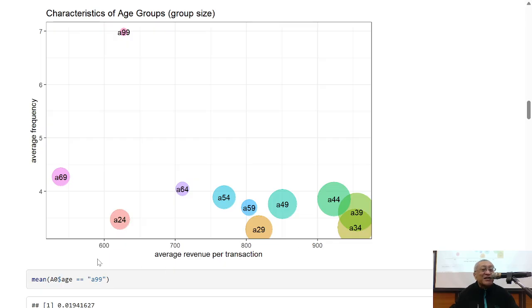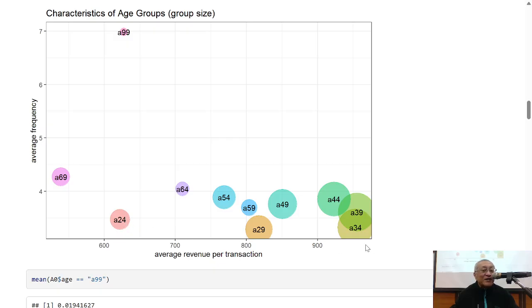And the X coordinate is the average revenue per transaction within this age group, right? So within age group 24, the average revenue per transaction within A24 is just a little more than 600, right? Okay.